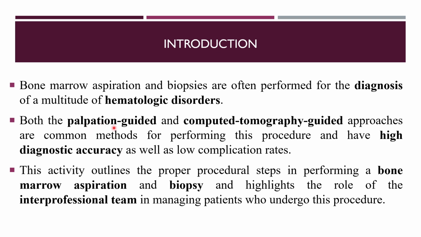Palpation guided means you first palpate the location where the bone marrow is located, and once you confirm that the bone marrow is here, the procedure is processed further. The computed tomography guided method uses a type of camera which is inserted into the location where the bone marrow is situated, and then the procedure proceeds.